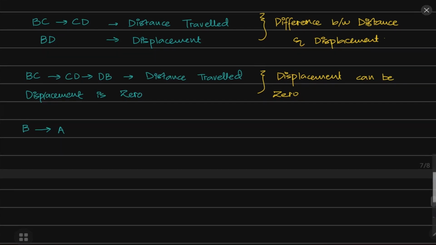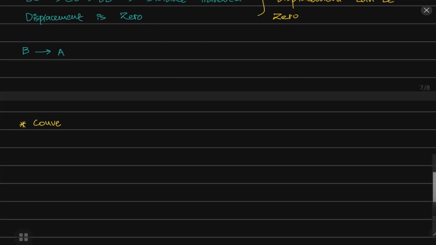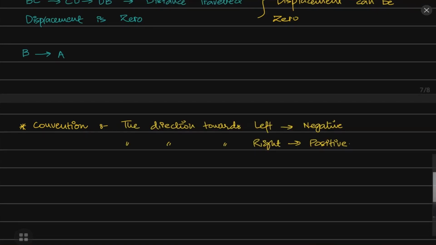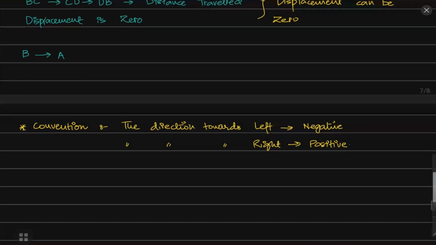We call it the convention. So what exactly is the convention? Convention is basically an agreed law or an agreed key that we've set for ourselves, more of a standard so that everyone's on the same page. So let's suppose if I'm moving forward, I would say that I'm moving in the positive direction.